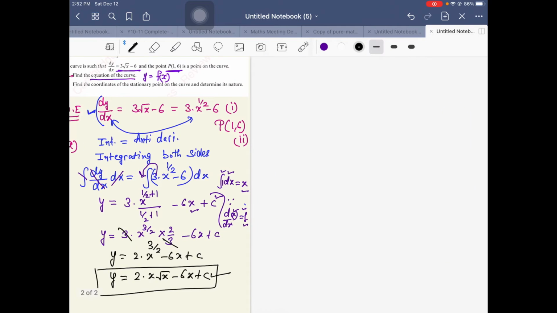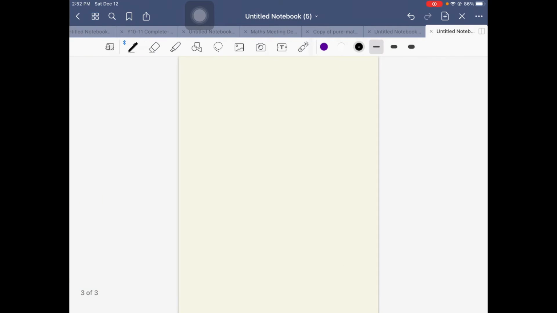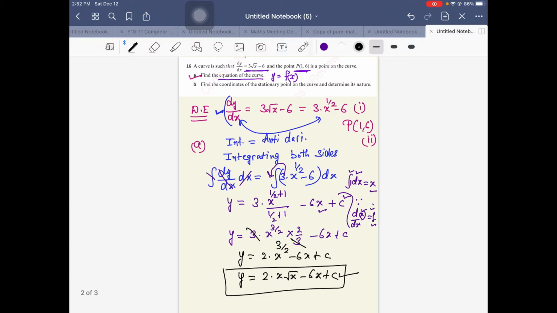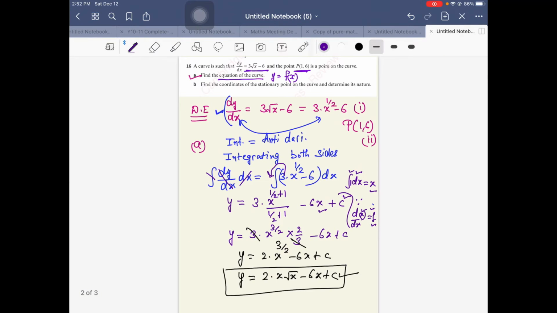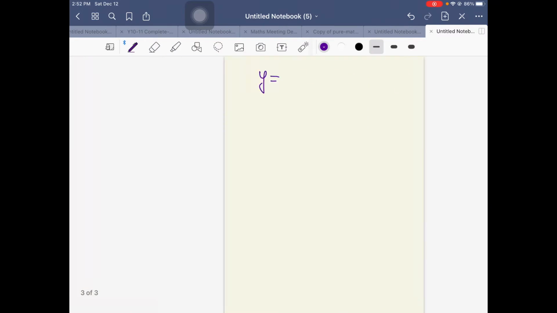Now the equation is y equal 2 times x root x minus 6x plus c.